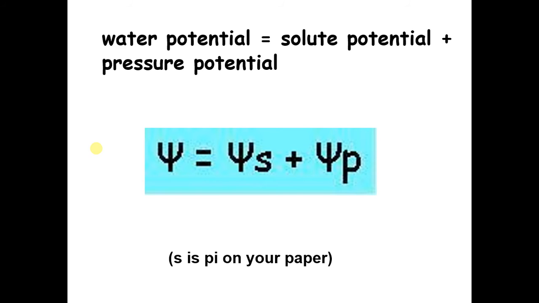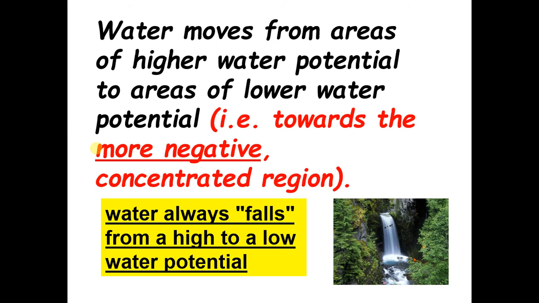All right, so water potential is equal to our solute potential plus our pressure potential. So pretty easy equation. We just add two things together and then you get your water potential. The idea is that our water potential can tell us how badly water wants to move via osmosis from one area to the other, because water will always move from areas of higher or less negative water potential to areas of lower or more negative water potential.